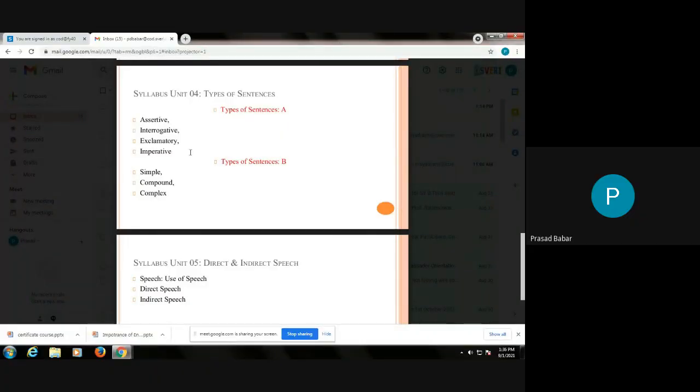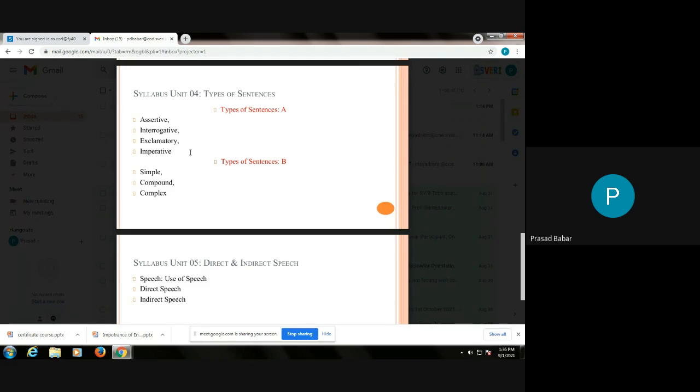And in section B, the sentences that come under section B are also assertive, interrogative, exclamatory, imperative.